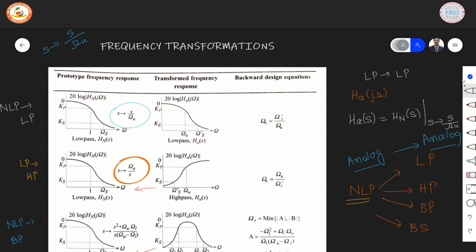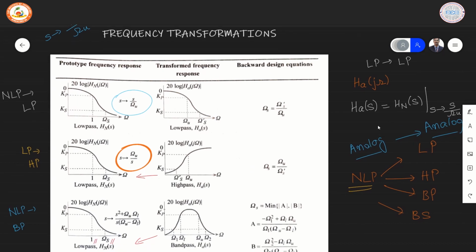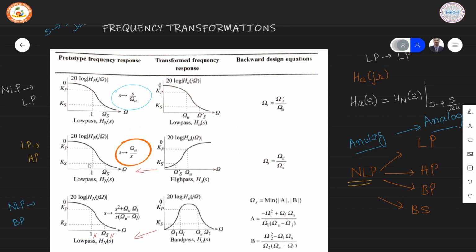A similar procedure could be adopted to find the transformation for low pass to high pass, except that the transformation is slightly opposite to that of a low pass filter. Here, the transforming equation is s being replaced by omega u by s.